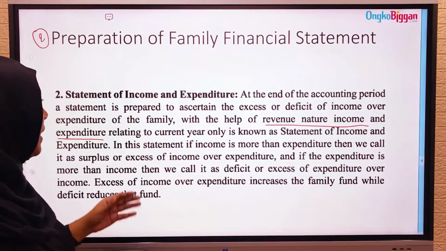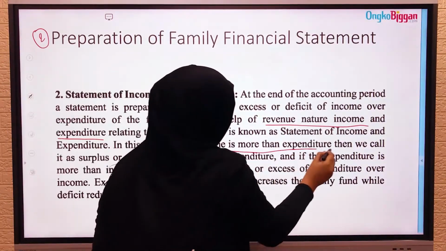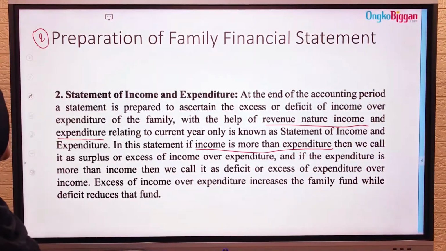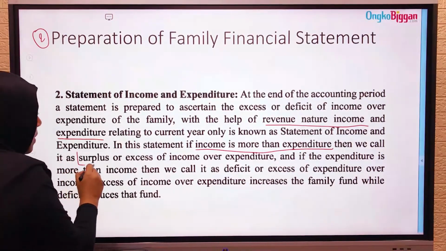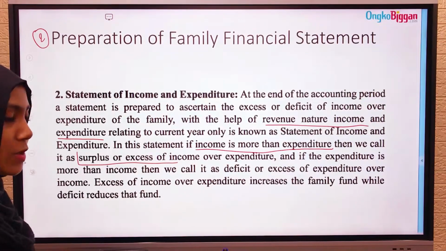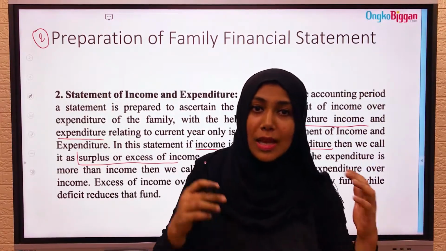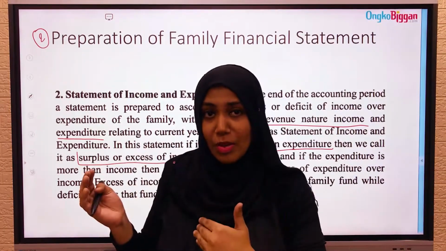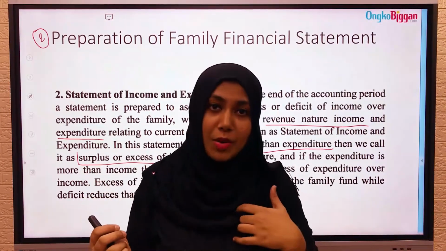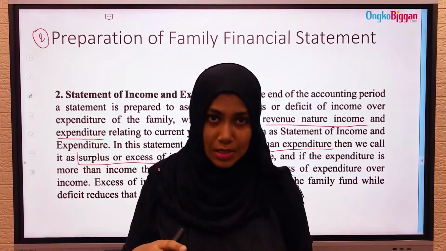Okay. So in this statement, if my income is more than expenditure, then we call it surplus. Other than profit, we call it surplus or excess of income over expenditure. Why are we calling it surplus, not profit? Because, as we know from the very beginning, we are doing this for our family, and a family is not a profit-oriented organization.